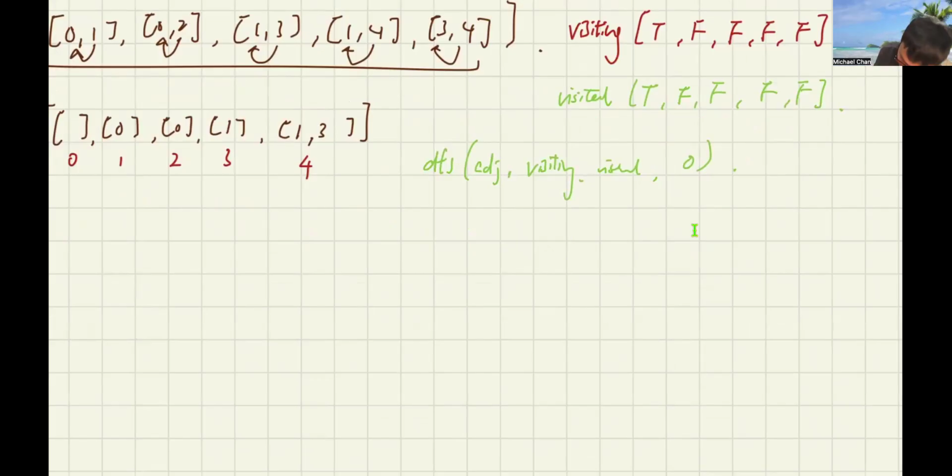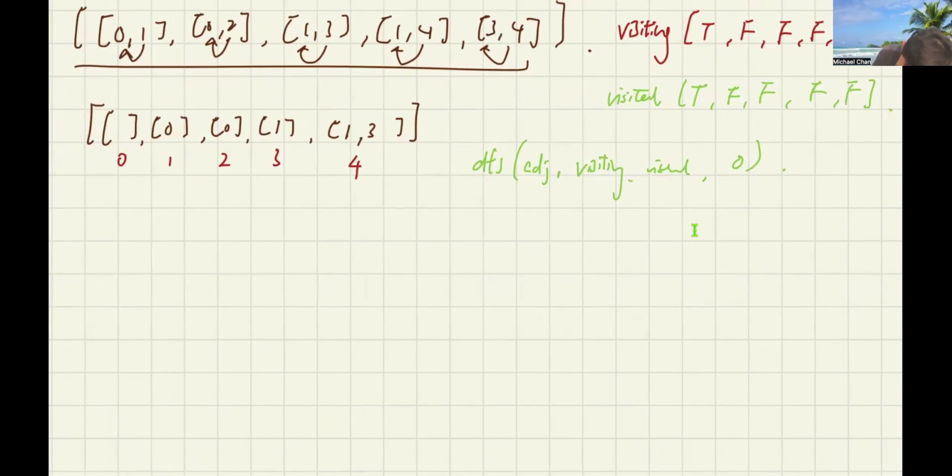And then I'll tap into the adjacency list of, okay, wait, let me draw this graph first. So 0, there's nothing.